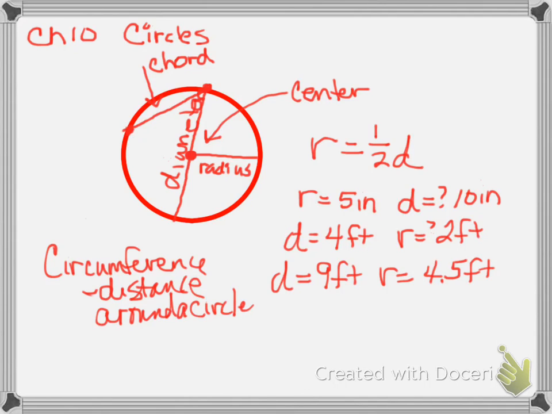Okay, circumference is the distance around a circle. Some call it perimeter. Have you ever heard of perimeter? Yes. What's a perimeter? Outside measurement. Outside measurement of a shape. Yes. So some compare it to perimeter. Some even call it perimeter, but it's really circumference. Circumference is a length that represents the distance around a circle.